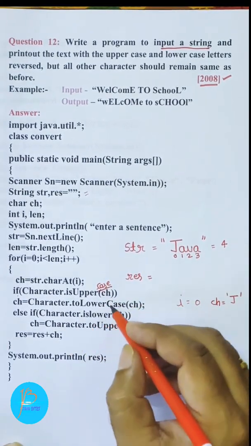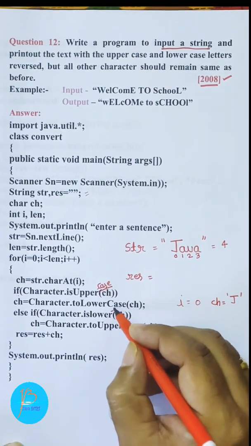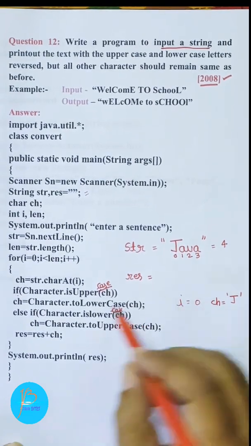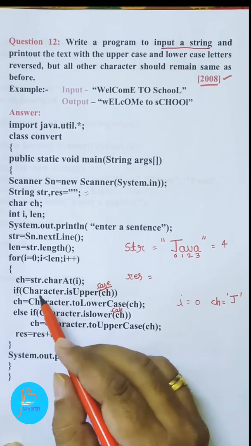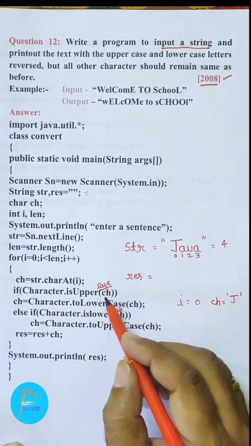In the same way, here it is saying is lower, so it should be isLowerCase. So you will make use of the function like this: if Character dot isUpperCase ch.